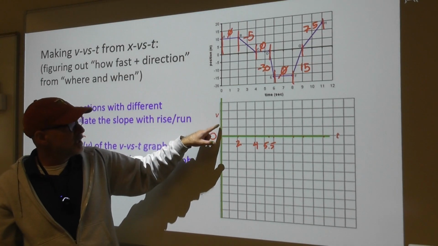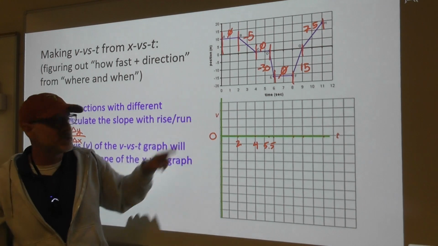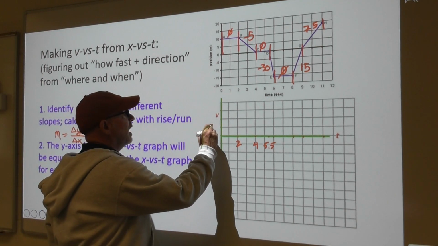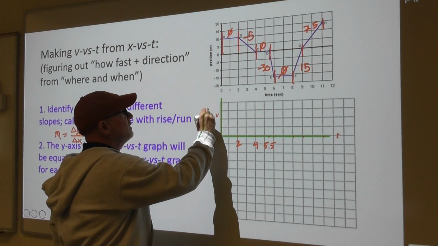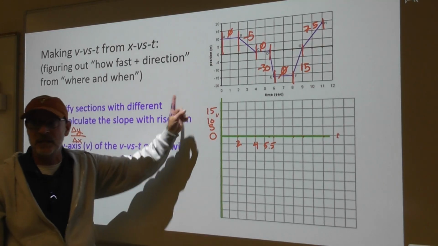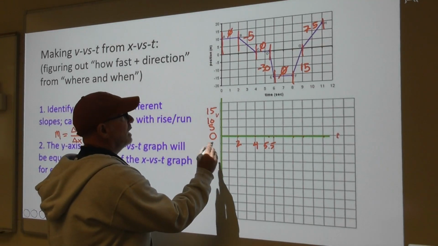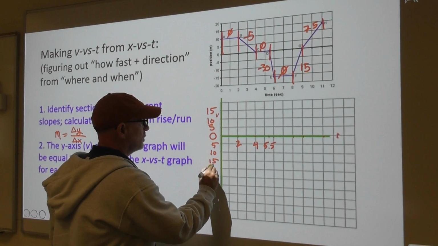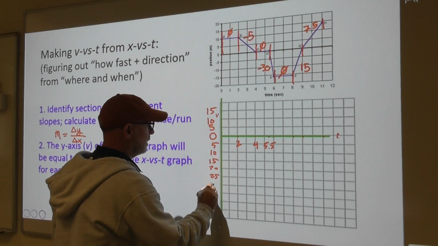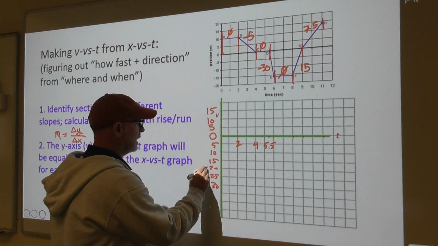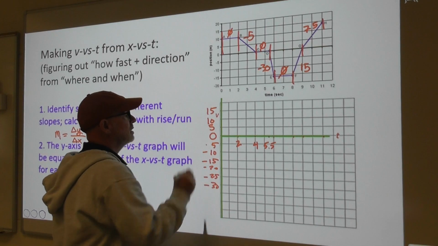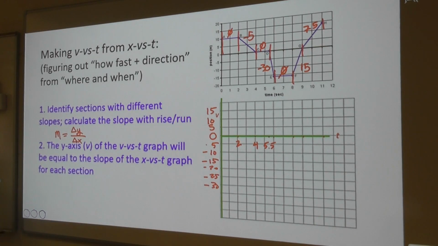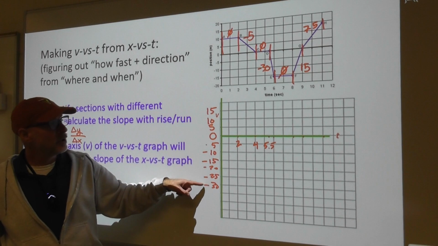If I make each one of these lines 5 meters per second, then I've got 5, 10, and 15 meters per second in the positive direction, and I've got 5, 10, 15, 20, 25, 30 meters per second in the negative direction. Okay?